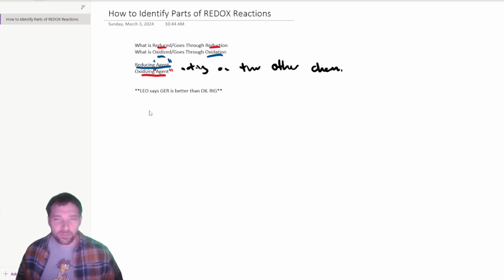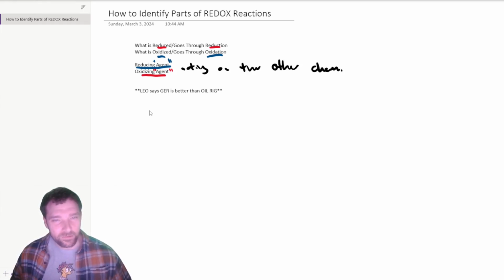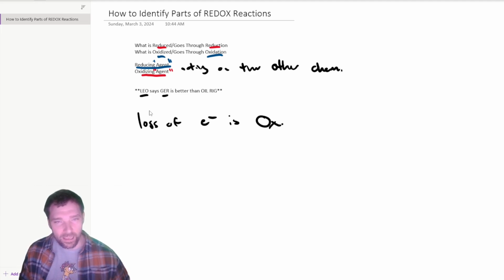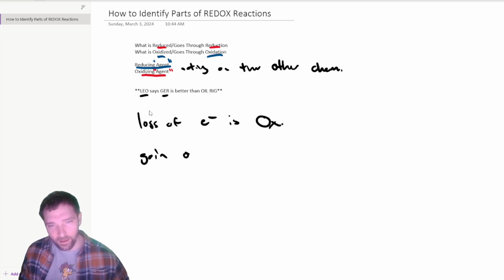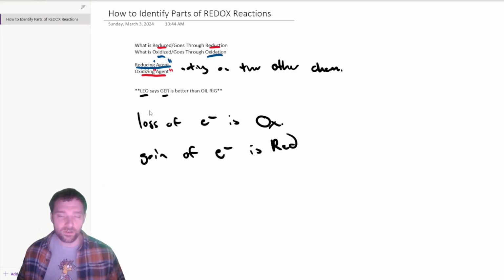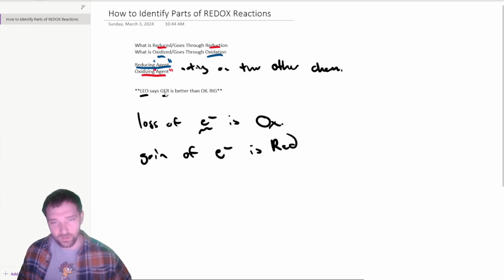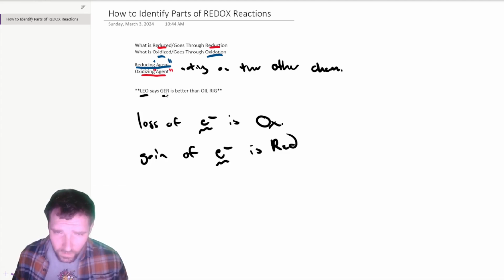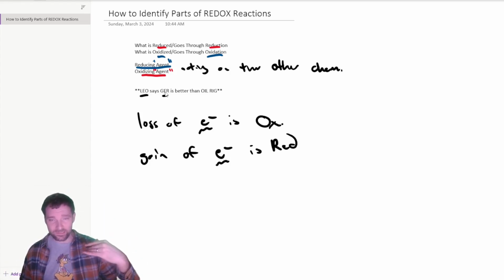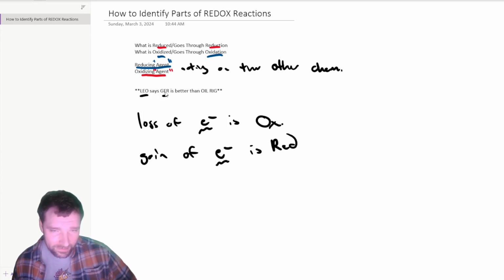I really like "LEO says GER" because that stands for loss of electrons is oxidation, and gain of electrons is reduction. This clarifies that we're talking about electrons being gained or lost and not the oxidation number, because if something is gaining electrons, it's actually going down in its oxidation number.